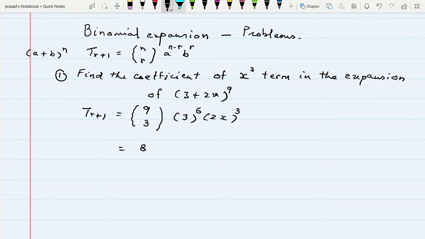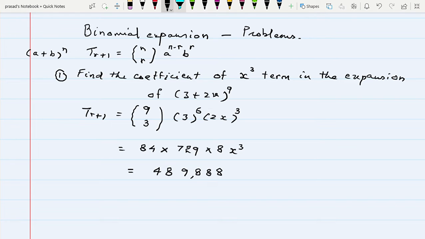9C3 is 84. 3 to power 6 is 729. And (2x) the whole cube: 2 cube is 8, x cube. So if you solve this, you will get 489,888.